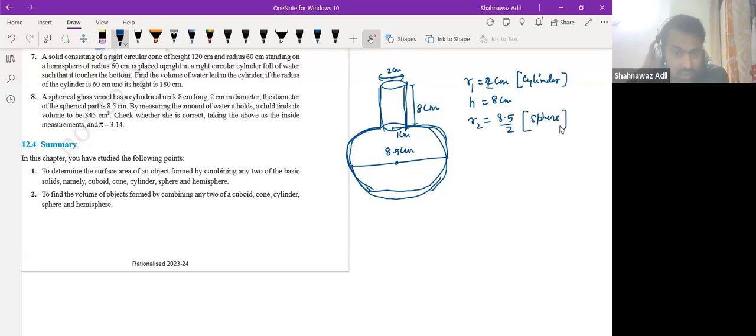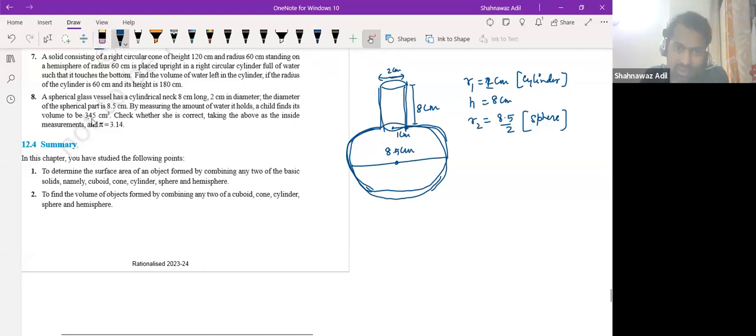Now what do we need to find out? By measuring the amount of water it holds, a child finds its volume to be 345 centimeter cube. Check whether she is correct, taking the above as the inside measurement. Why do we need to check whatever she has found? Maybe that is correct, right?